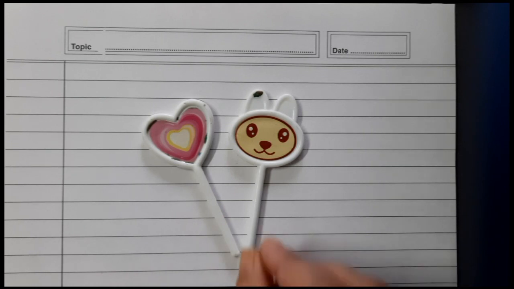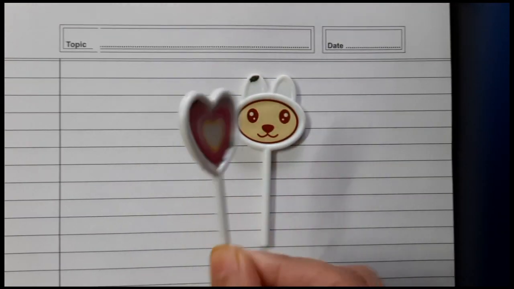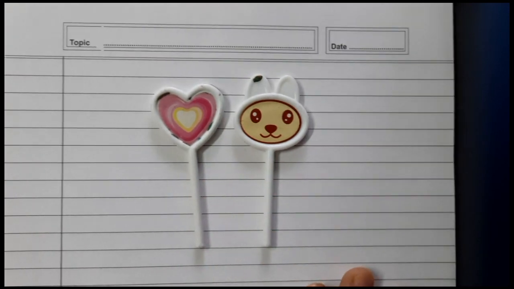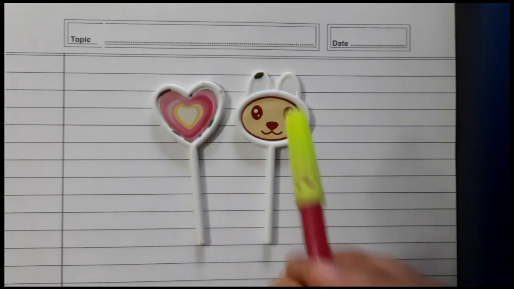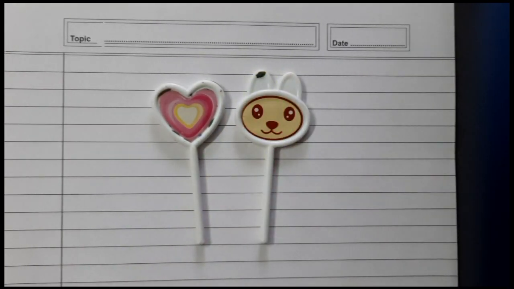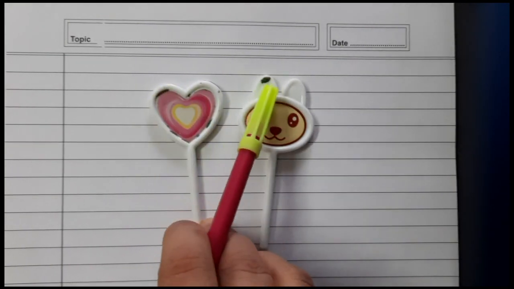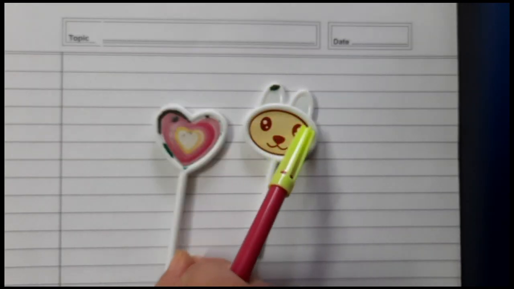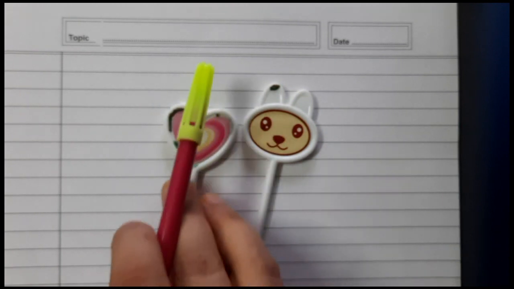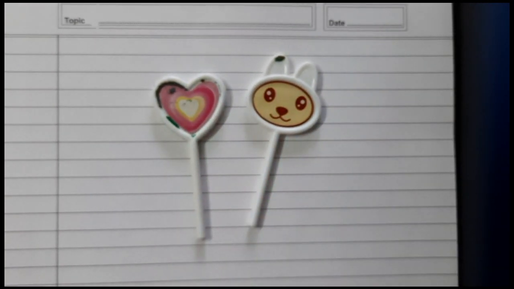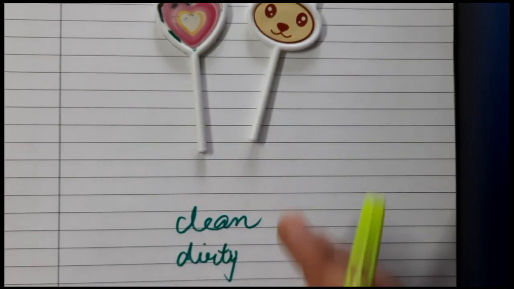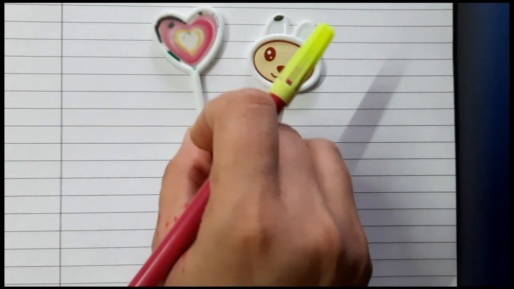Alright. Now let us have these two examples. You can see there are two, what do we say? These are kind of toys, right? Now you can see that there is a single spot on this toy and there are so many spots on this toy. I am having two objects. Let us take our adjective clean, dirty. These are my two adjectives.